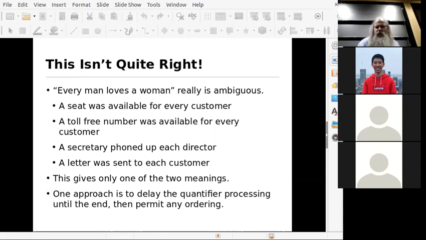There was a bunch of work way back in the 90s, might have been even in the 80s, but I think it was the 90s, on translation. And the question is, if you're trying to get a logical representation of the sentence that you're translating, do you need to resolve the ambiguity?